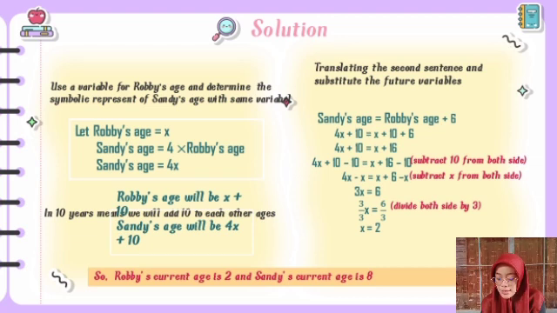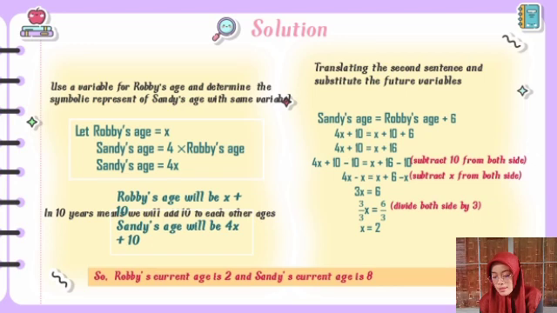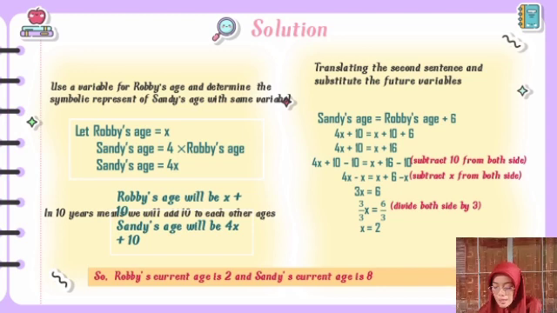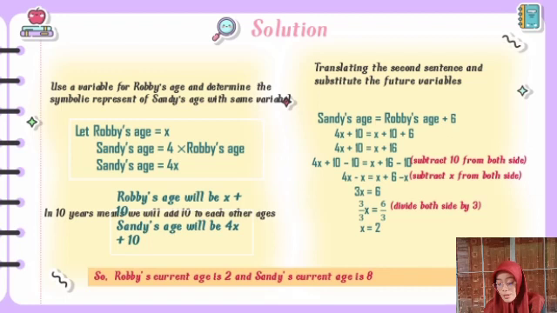So we get 3x equals 6. Divide both sides by 3. So 3x divided by 3 equals 6 divided by 3. So we get x equals 2. So Robbie's current age is 2 and Sandy's current age is 8.